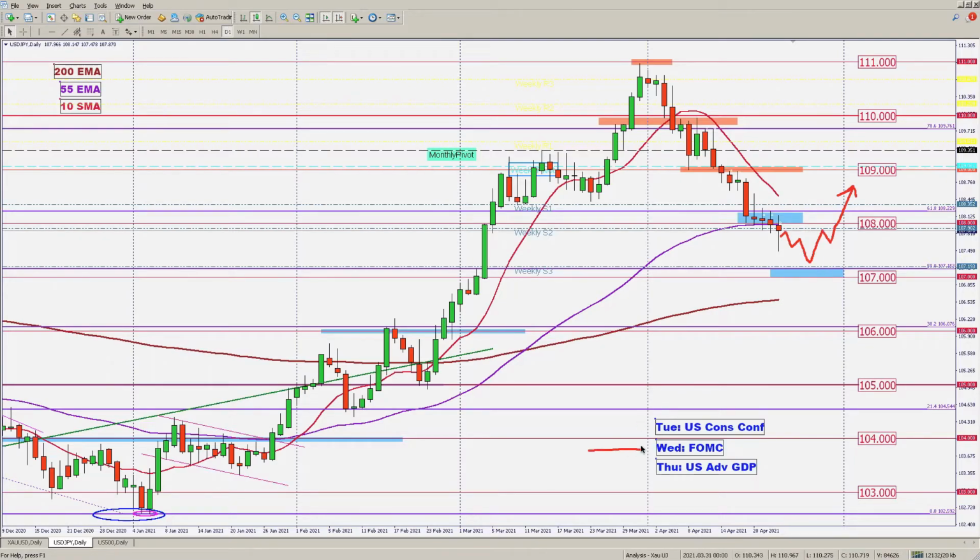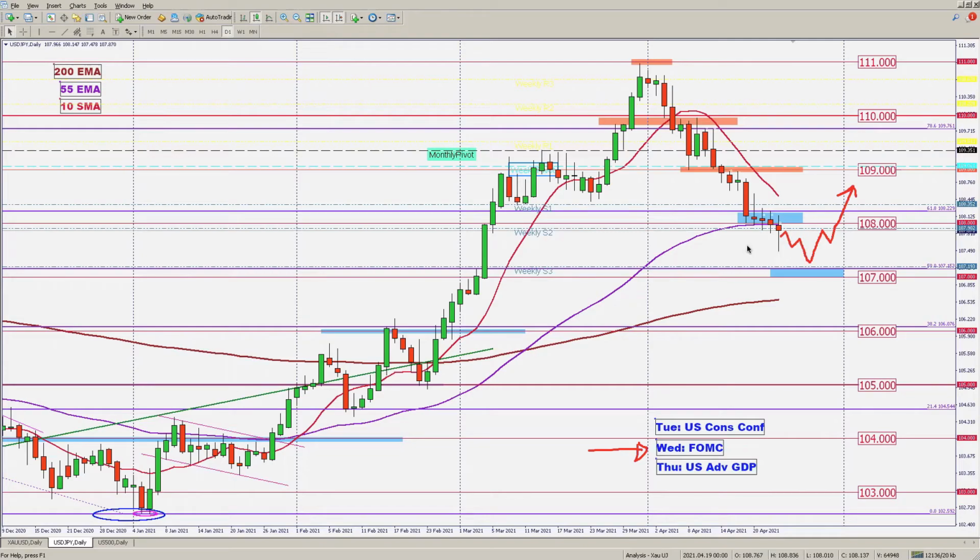Right, so all eyes are on the FOMC meeting and policy decisions, to see whether they will start tapering their asset purchases. If they do that, then it could be a short-term bullish move for the US dollar.